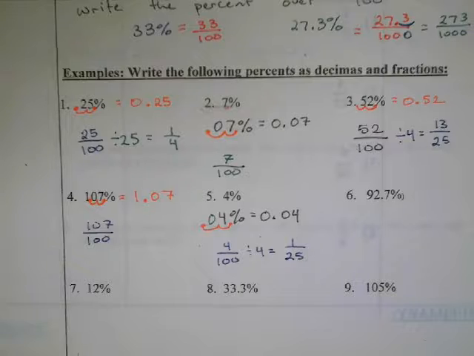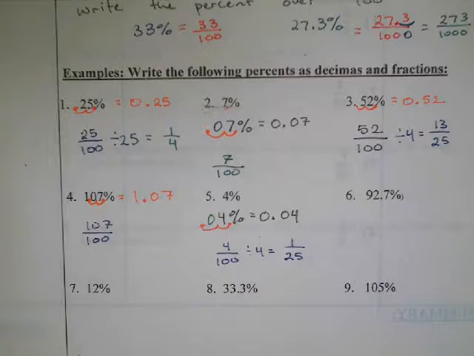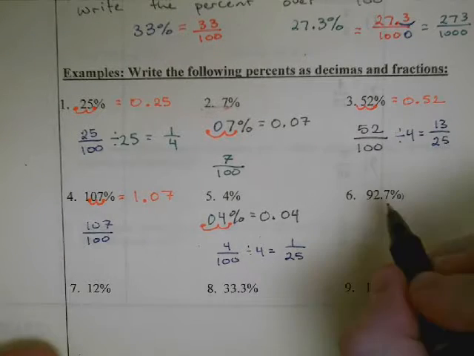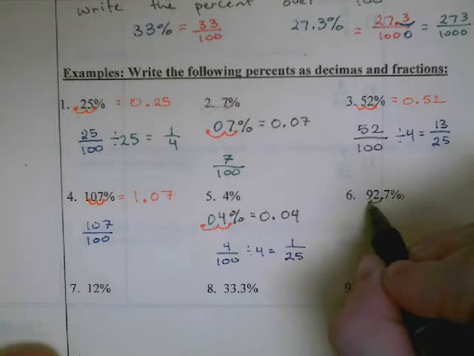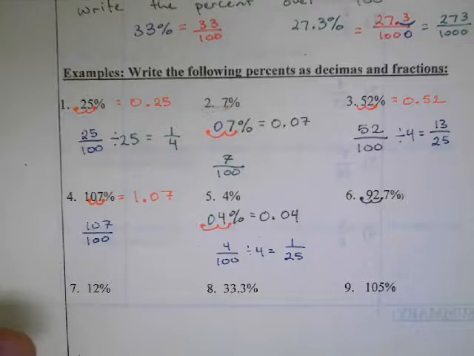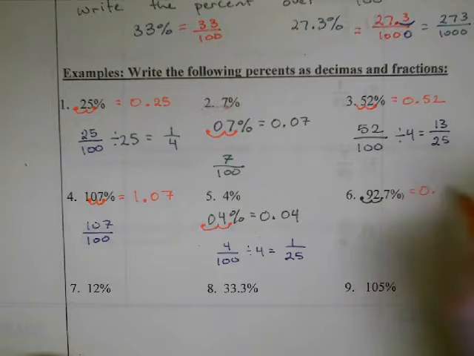Let's do one more and then we'll be done converting percents to decimals. So I'm going to take this decimal and we'll move it over 2 places. So when I do that, I end up with 0.927.